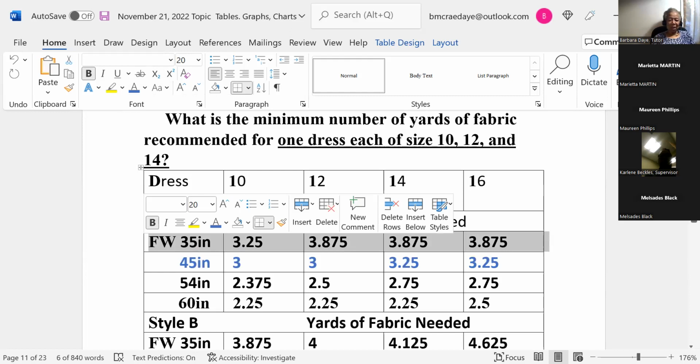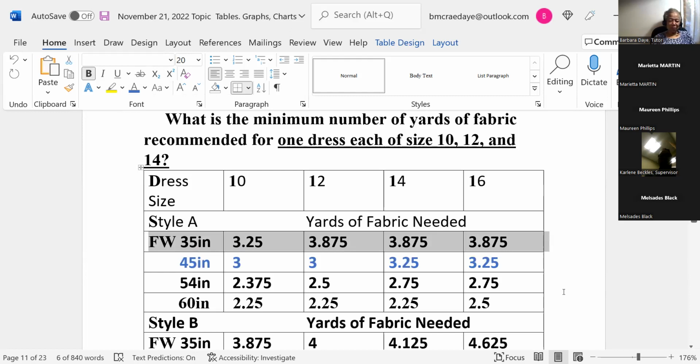Okay, I got 9.50, Miss. 9.50. What did you get, Marietta? Checking it still. This is mental math. You're adding what? 3.25 and 3.25. So Marietta, what's 3.25 plus 3.25? What's a quarter plus a quarter?